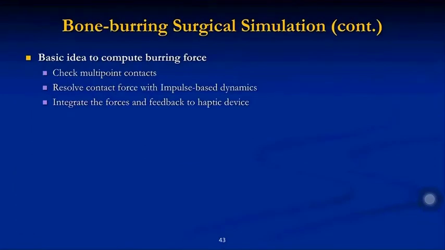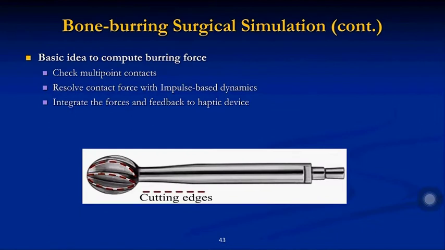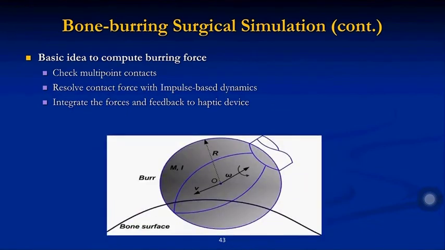The difficult part for this particular simulator is the haptic simulation, because it involves multi-point contacts of a high-speed rotating burr. The basic idea to compute the burring force is that first we need to check for multi-point contacts.